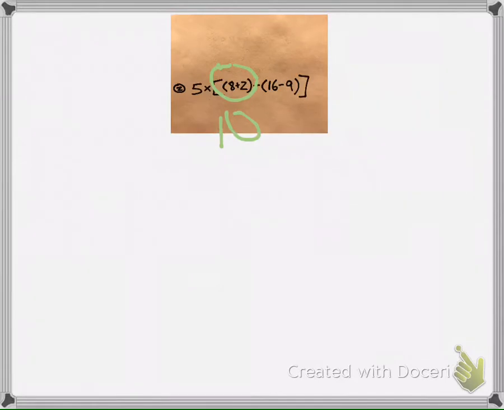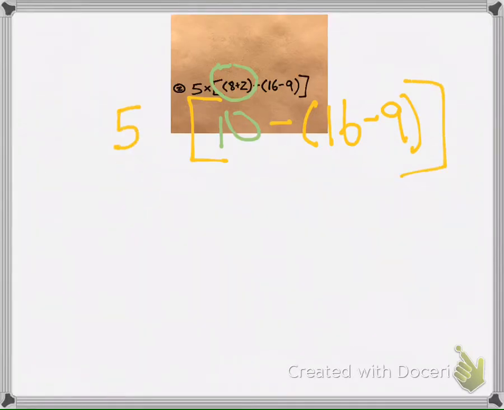And then changing to a new color, I'm going to rewrite everything else. Minus parentheses 16 minus 9. Close that bracket. And then on the outside is 5 times.